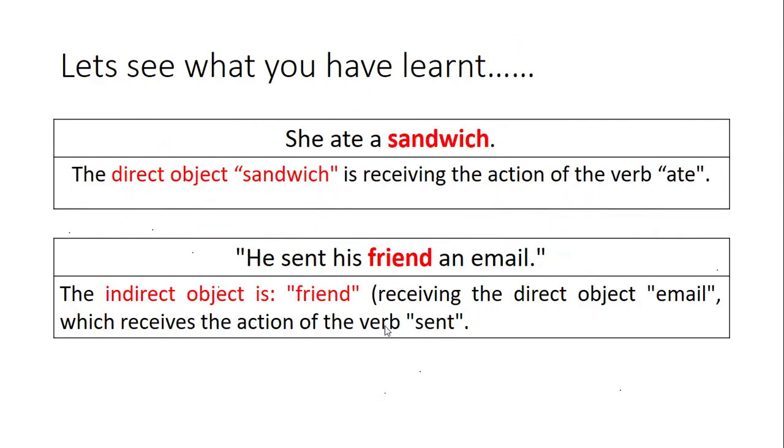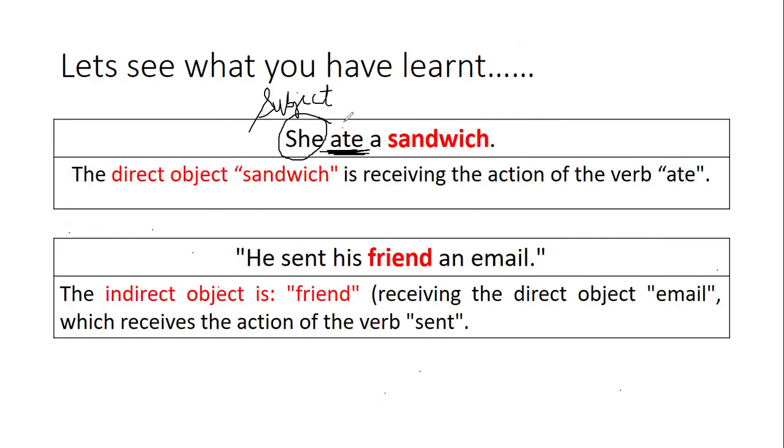Let us further practice a few more sentences. She ate a sandwich. She, main character of the statement. She, noun, naming part. That is our subject. Ate a sandwich. What is she doing? What action is she performing? She's eating. Ate is the past tense of eat.